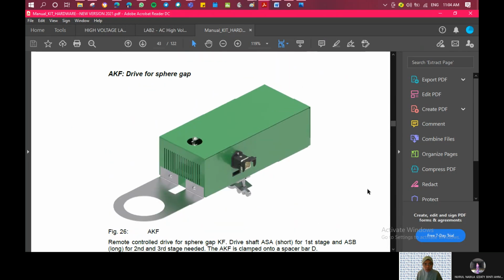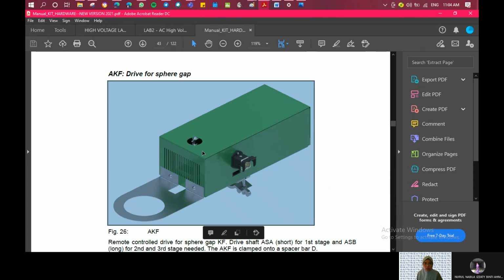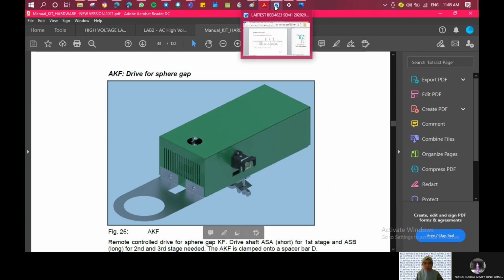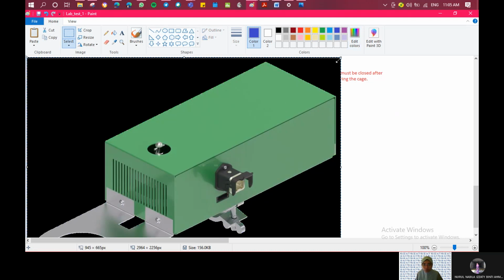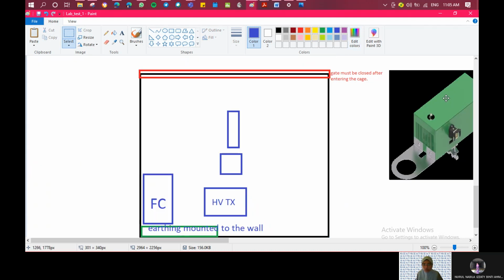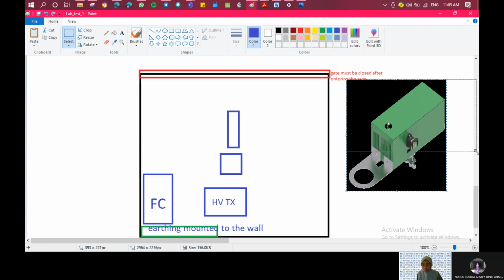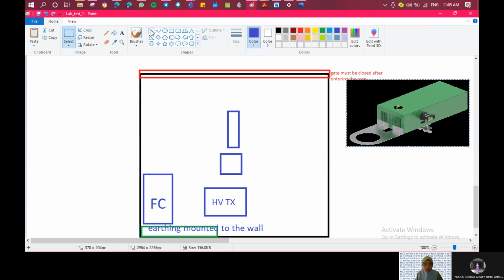This one, the drive for the spark gap. This one, and then the cable should be neatly organized here so we won't trip on it.